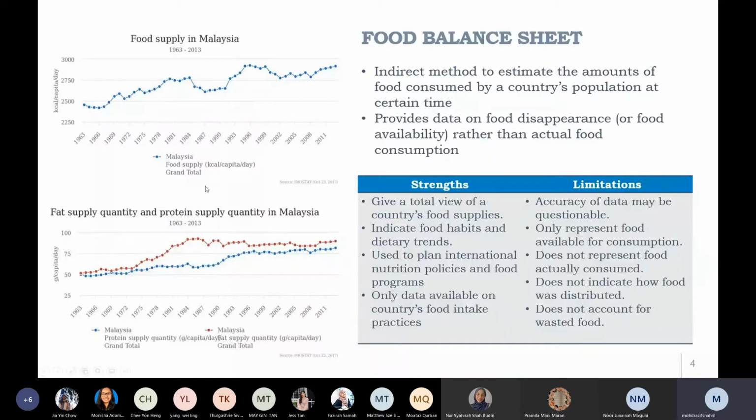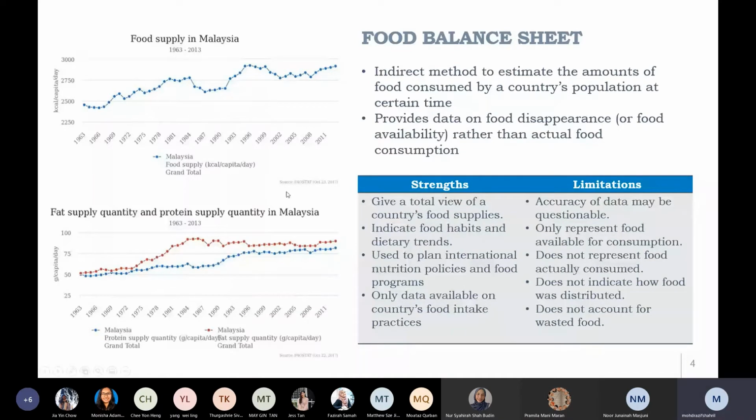We only know for the country this is the total amount, but we do not know whether rural people are consuming more compared to urban, whether males are consuming more compared to female. Things like that we don't get from the food balance sheet. And finally, it does not account for wasted food.